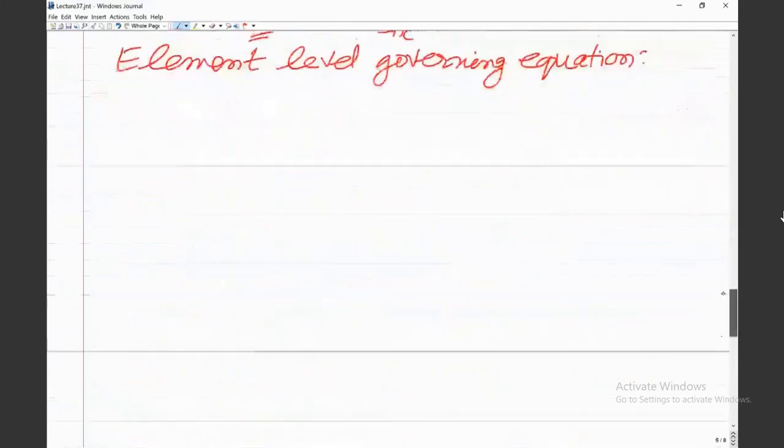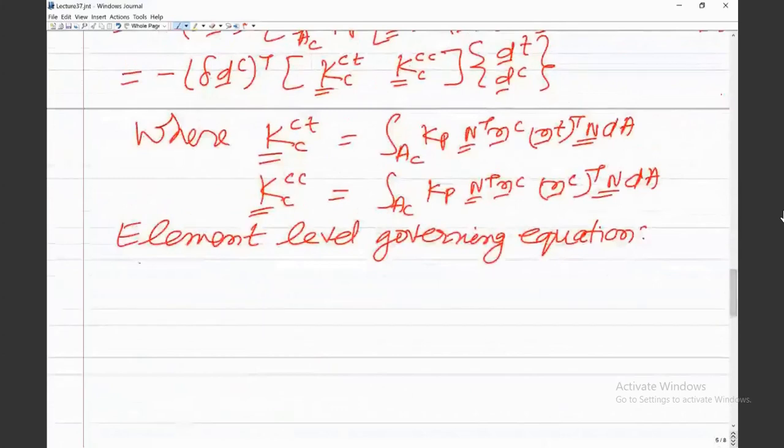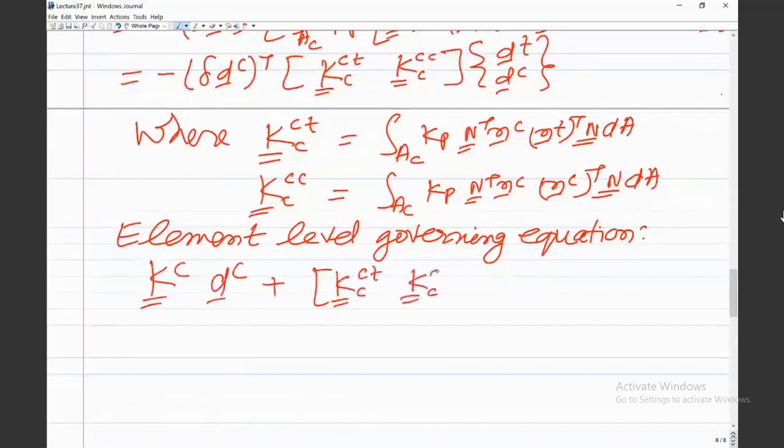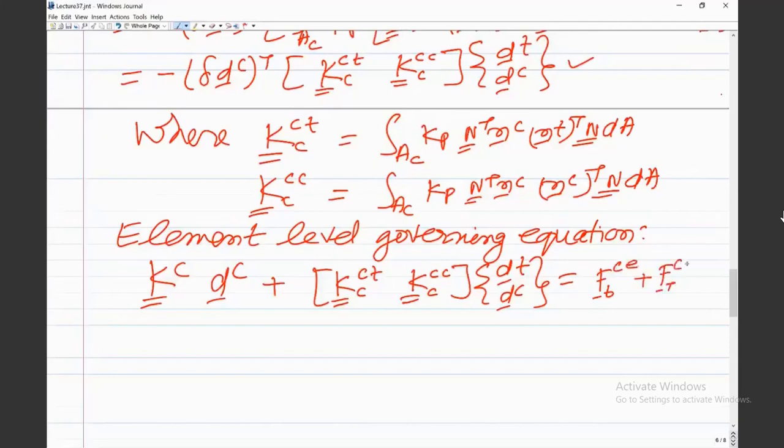From this, the element governing equation for the contactor is KC into DC plus KCT and KCC, which we take to the left hand side, times DT and DC, equal to the force vector due to body forces for the contactor element plus the force vector coming from the traction for the contactor body at element level.